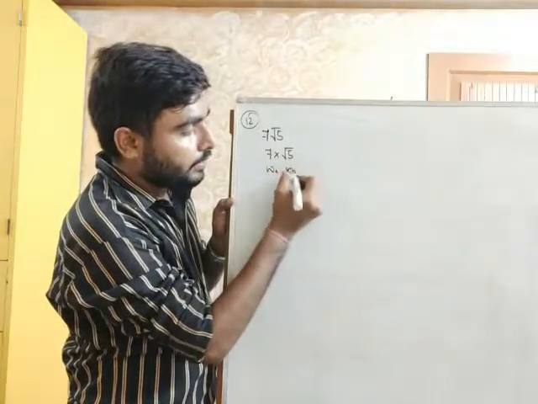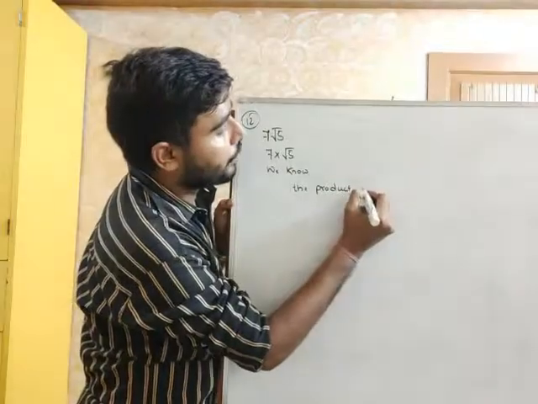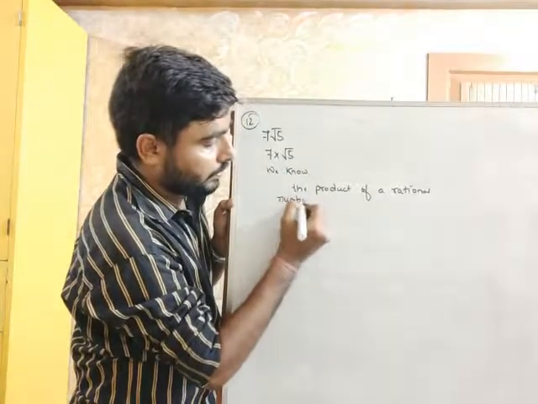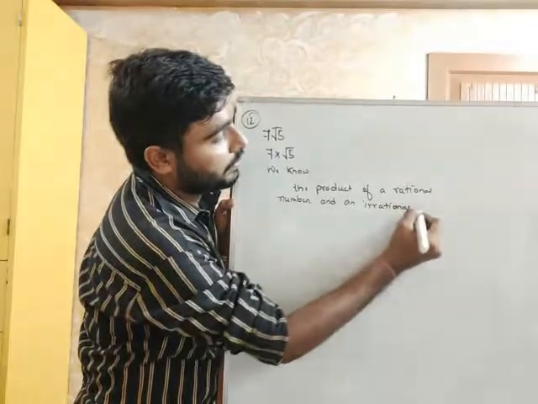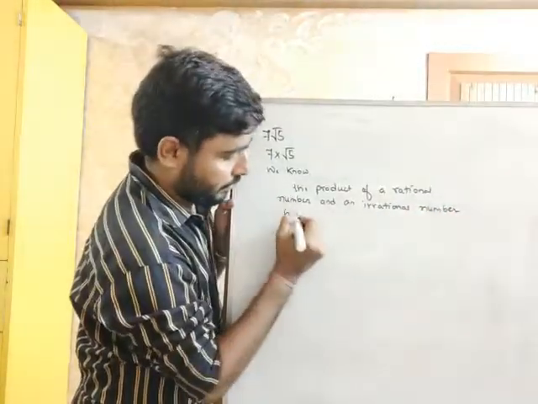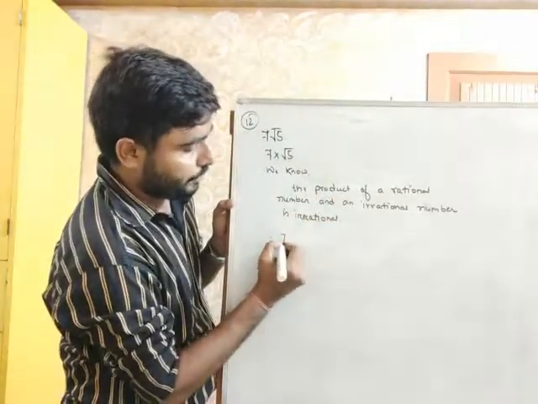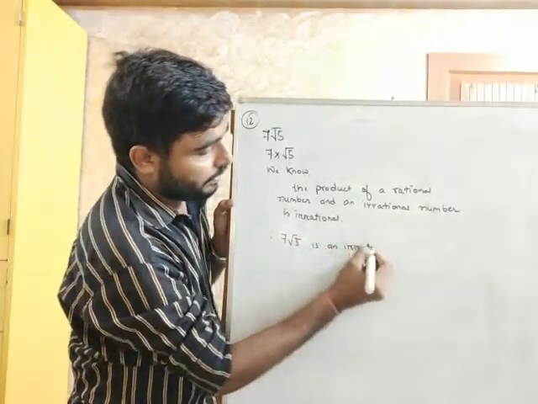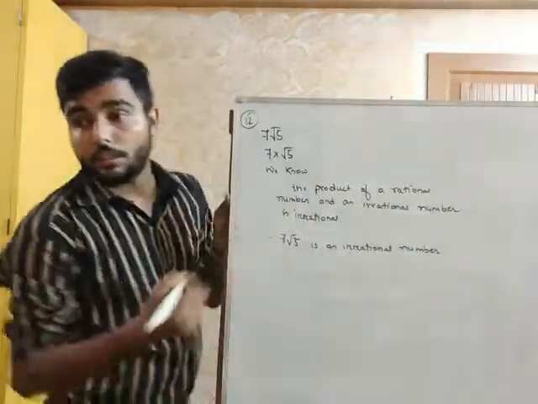So we will write: the product of a rational number and an irrational number is irrational. Therefore, 7 root 5 is an irrational number. Clear, everyone?